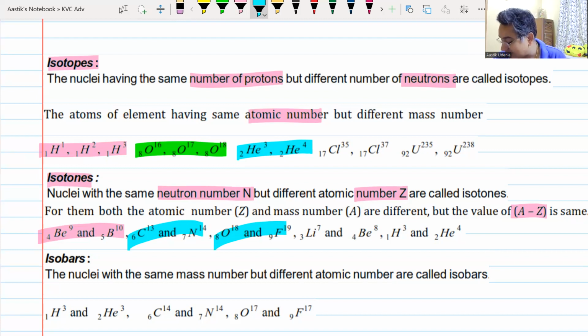The third one is isobars. They have the same mass number. You can see same mass number. When I say mass number, I mean the same number A. Do we understand this? A is same, Z is different. Do we understand this? Yes, sir.